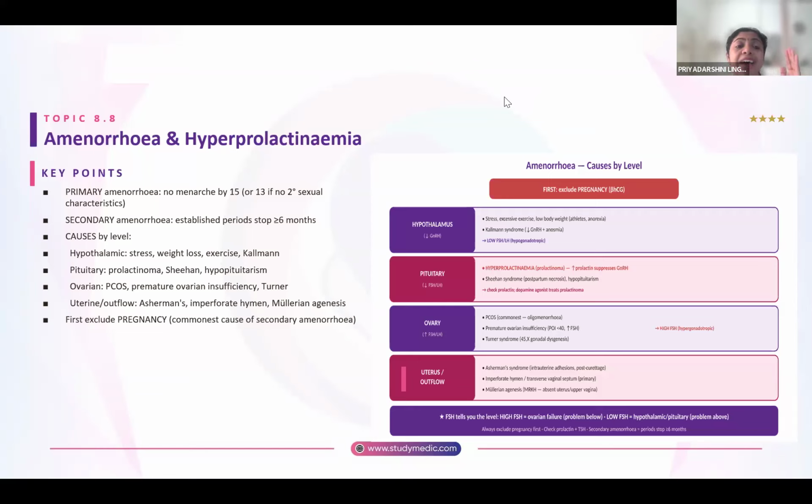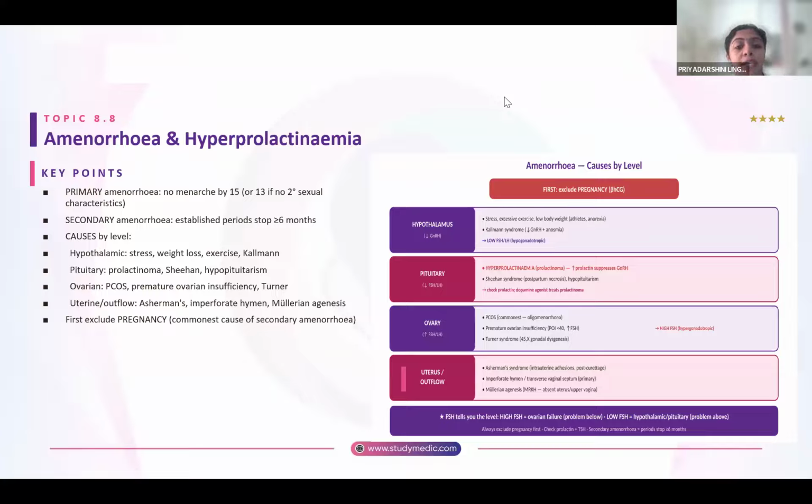Another thing is your Sheehan syndrome, postpartum pituitary necrosis. This is one of the causes of pituitary disorders leading to amenorrhea. So whenever you're ruling out amenorrhea causes, always look at prolactin levels. And if your prolactin is high, what is the drug of choice? You have to use dopamine agonists like cabergoline.